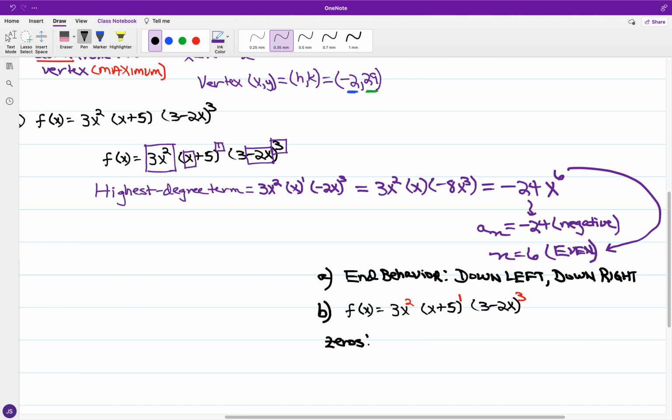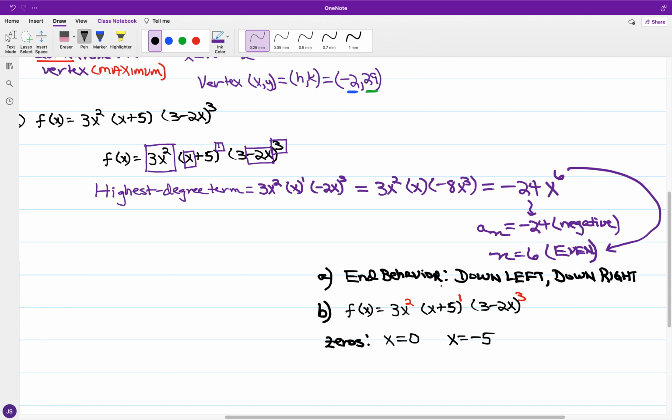and in the case of the zeros of the function, just from the x factor, nothing is added or taken away from x, and if that's the case, the corresponding x factor is going to have a 0 value. And for x plus 5, if I set that equal to 0, we have that x is equal to negative 5.